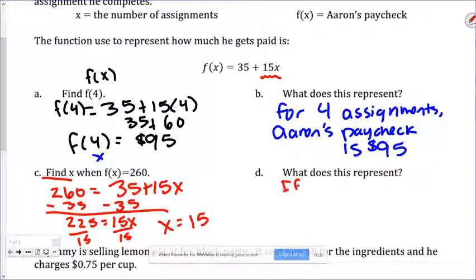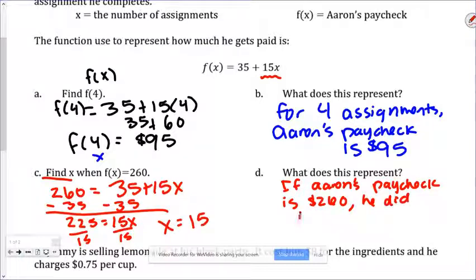So if Aaron's paycheck is $260, he did 15 assignments. Okay, so I'll just add my label here then, assignments. All right, so that's number 1.